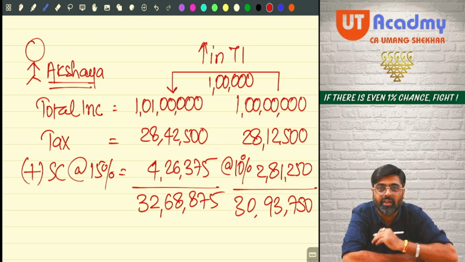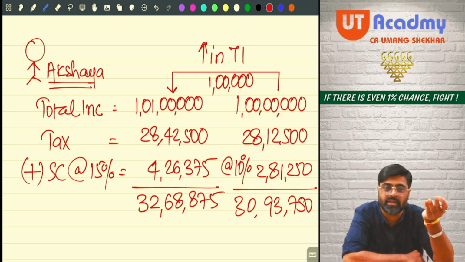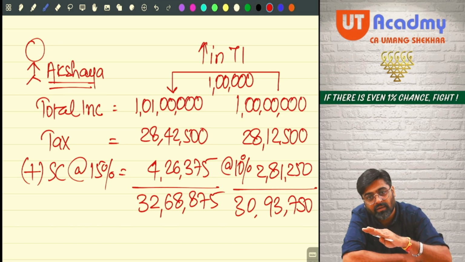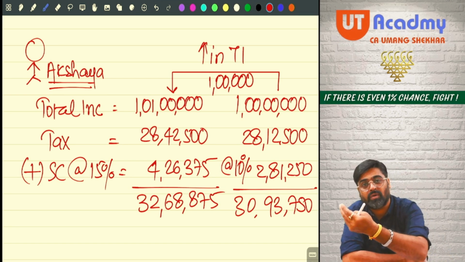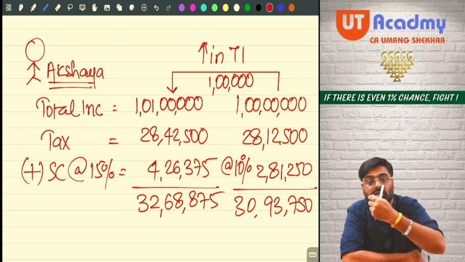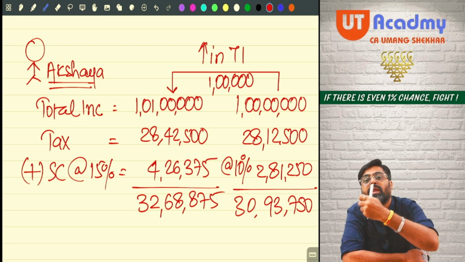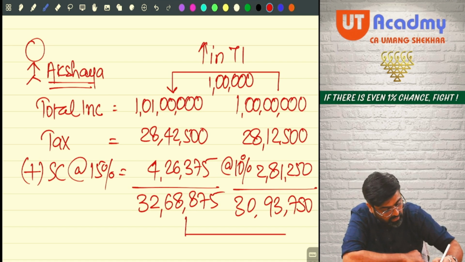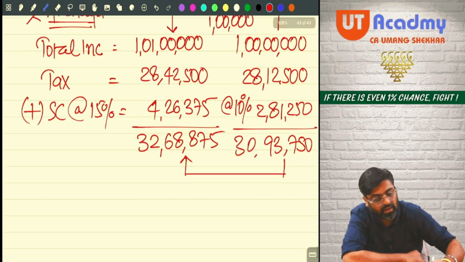Understanding? If my total income would not have been increased by 1 lakh, I would have paid surcharge how much? Only 10%. But since my total income increases by 1 lakh, and as a result I am crossing that 1 crore mark, I will now be paying tax along with a higher rate of surcharge, which is not 10%, which is 15%. You please check the difference between the tax liability.